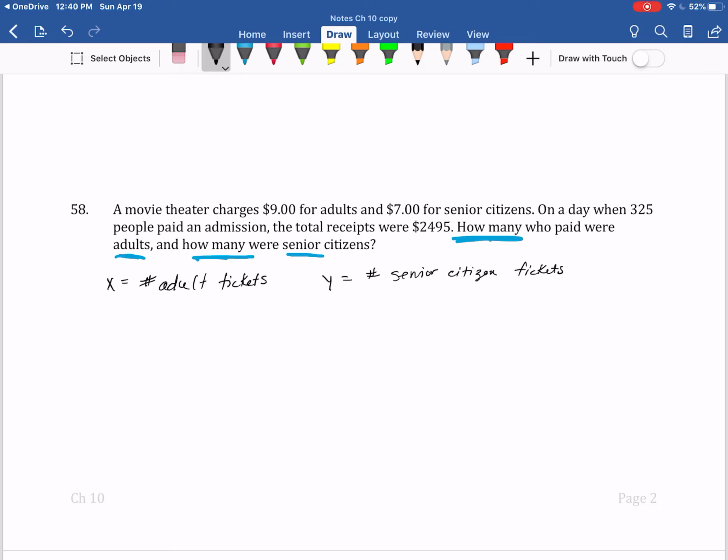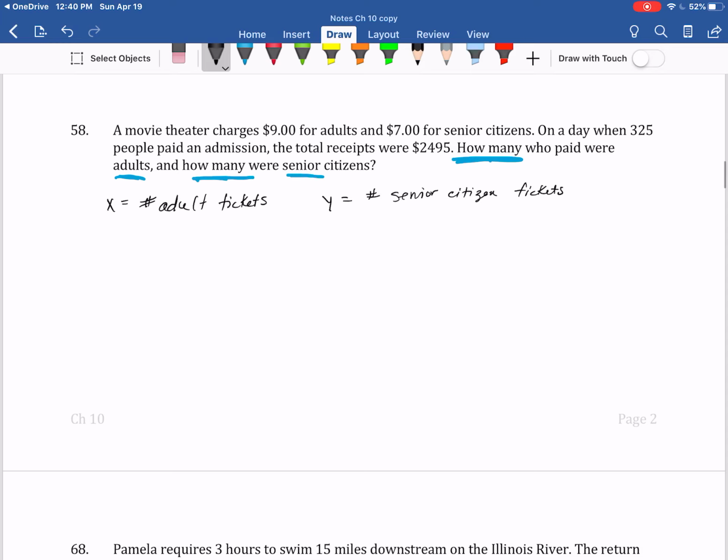And be as specific as possible with the descriptions of your variables. Don't just say X is adult and Y is senior citizens. Be a little bit more specific with the number of tickets for each of those individuals.